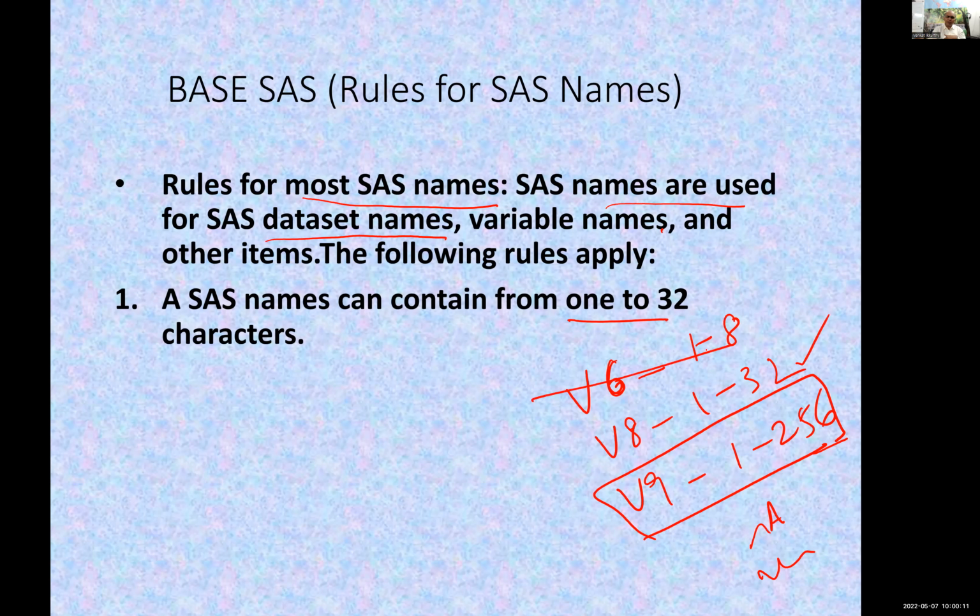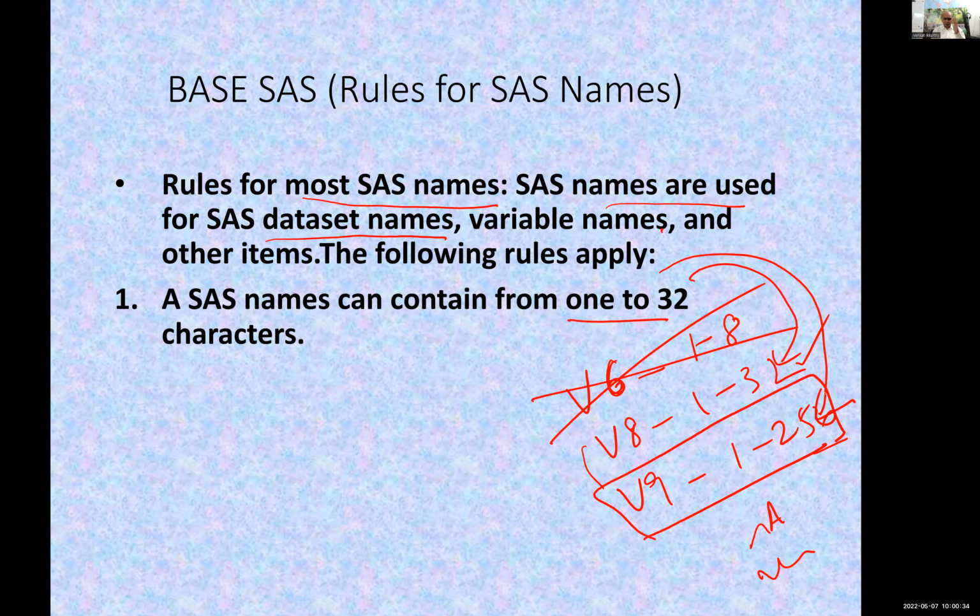I think nobody uses version 6 now, but I don't know, some people may. So you should be familiar with these things also. SAS names contain 1 to 32 characters in version 8, 1 to 256 characters in version 9, and 1 to 8 characters a long time ago, probably in '95, '96, '98.